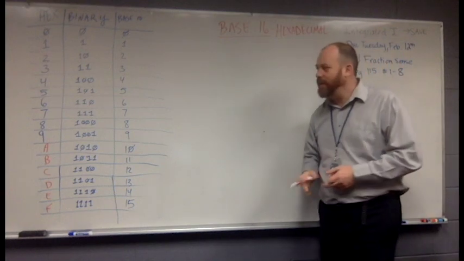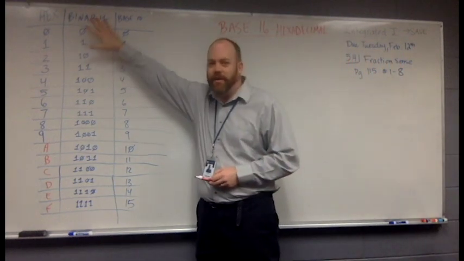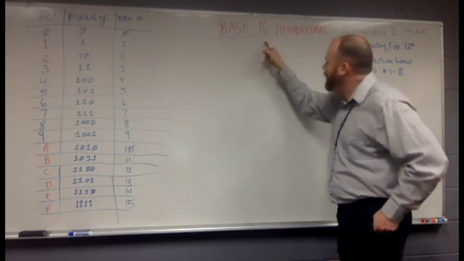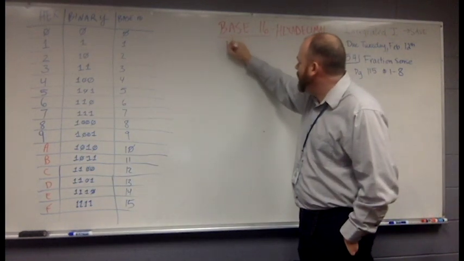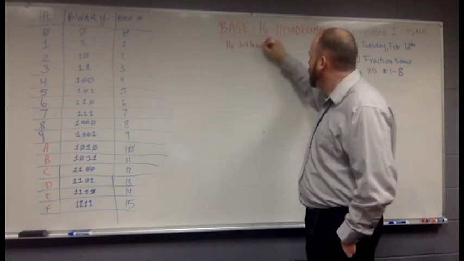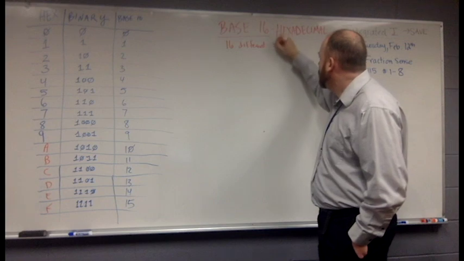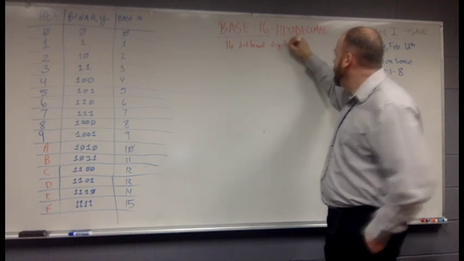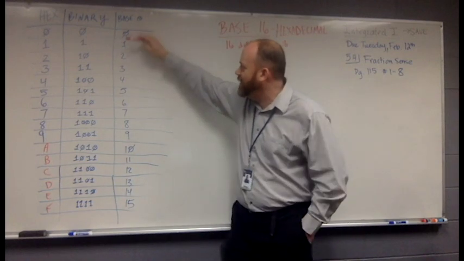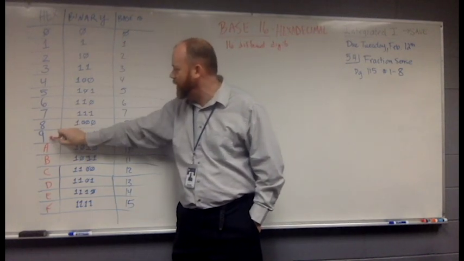The first thing you have to do, and you can see this over here in this chart, you can ignore most of this, but if you look over on that side, if you have base 16, that means you have to have 16 different digits or symbols for the numbers. And so this is easy up to a point, right? Because we understand the numbers 0 through 9 pretty well.